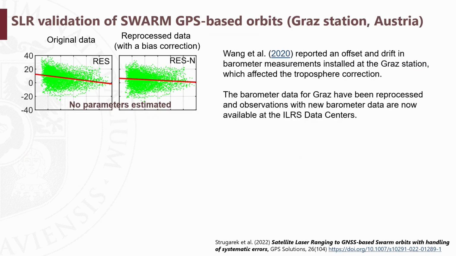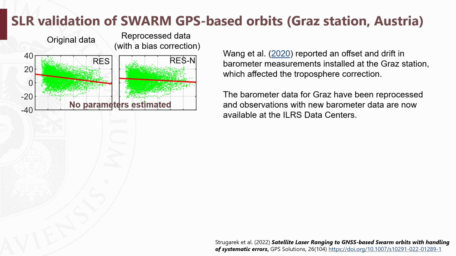I would like to show the example of the Graz station. In 2020, a barometric bias was discovered in the Graz station, and afterwards all data were reprocessed and released for the second time to the ILRS database.